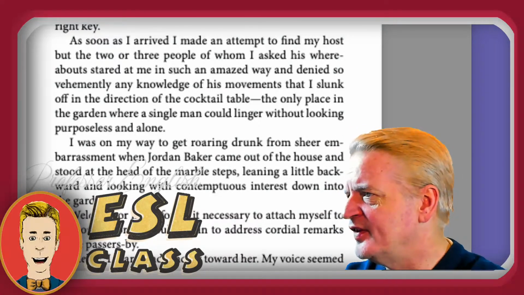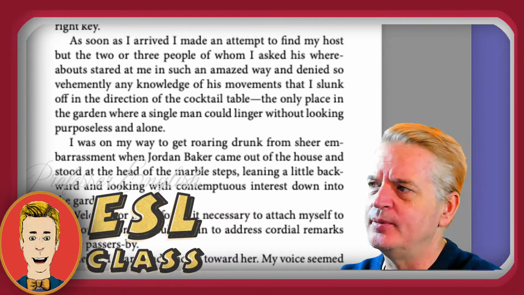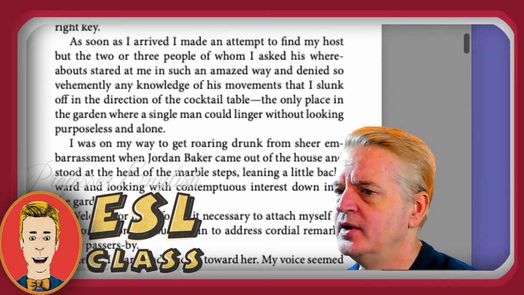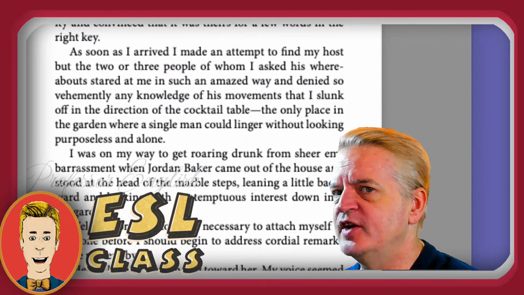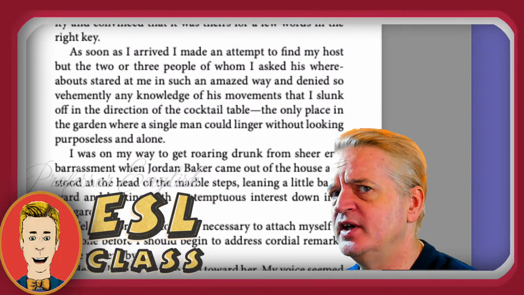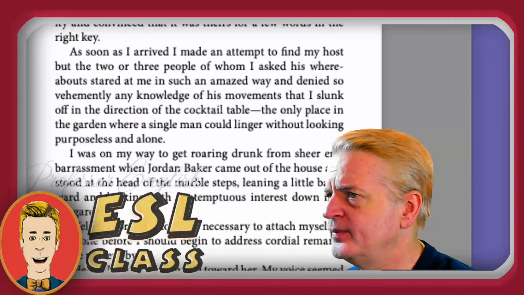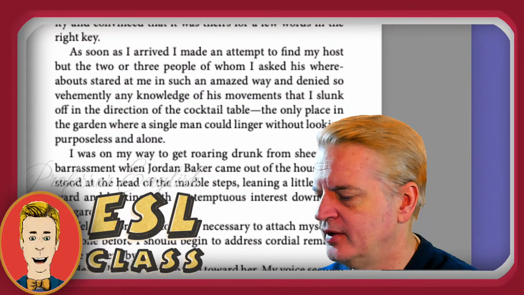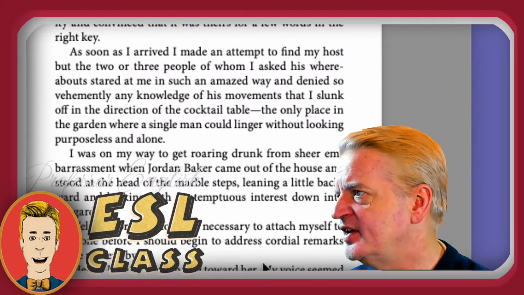I slunk off in the direction of the cocktail table, the only place in the garden where a single man could linger without looking purposeless and alone. N is asking about the word vehemently. To be vehement means to do something strongly and very surely. The official definition: forceful, passionate, or intense.